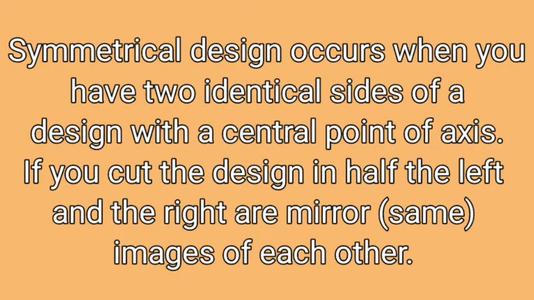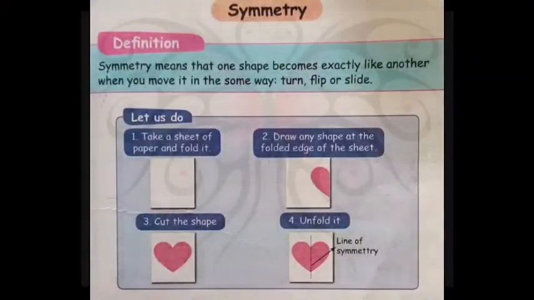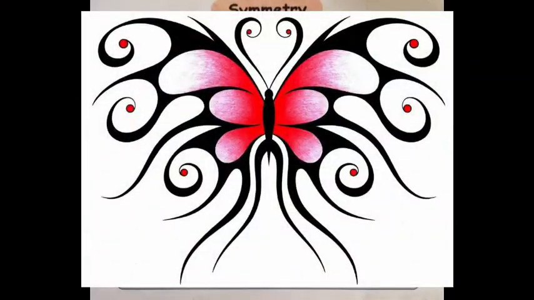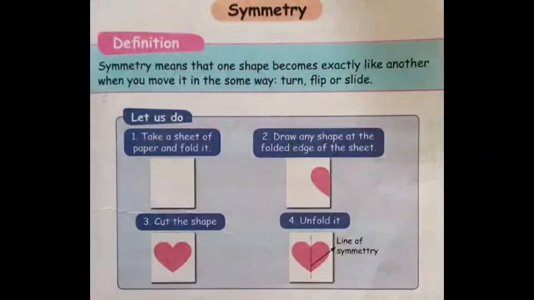If you cut the design in half, the left and the right are mirror images, that is, the same images of each other. Symmetry means that one shape becomes exactly like the other shape when you move it in the same way.